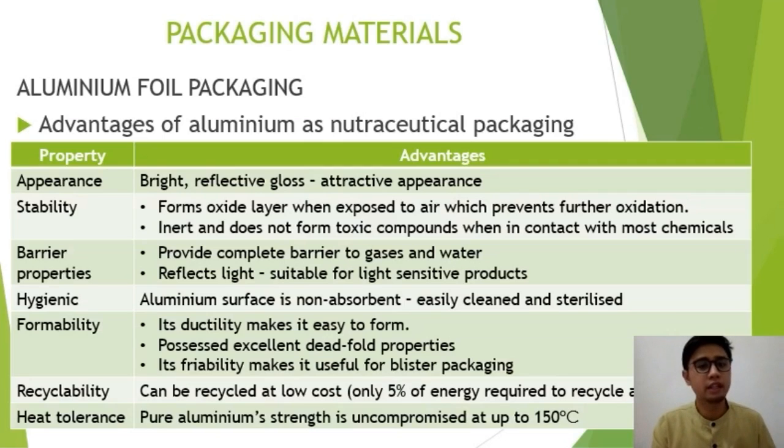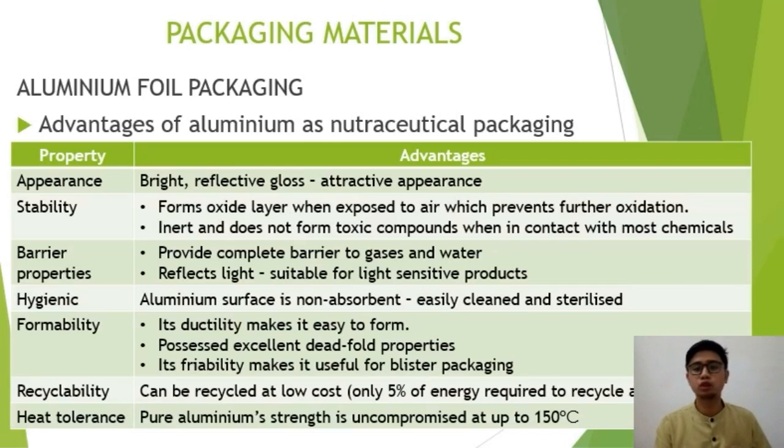Secondly, it is about the stability. The aluminum foil packaging is stable and resists oxidation since it can form an oxide layer when exposed to air, which prevents oxidation. It is also inert with most chemicals, thus it is compatible with most nutraceutical products. Thirdly is about the barrier function.